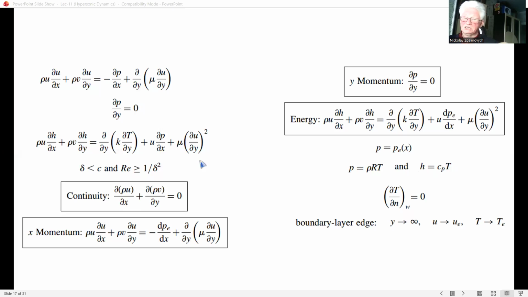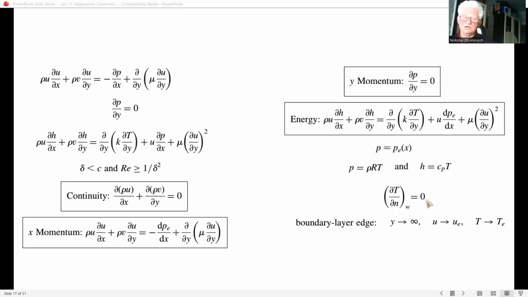The boundary conditions for the preceding equations are as follows. At the wall, y equals 0, u equals 0, v equals 0, and T equals T_w. For an adiabatic wall, dT/dn at the wall equals 0.